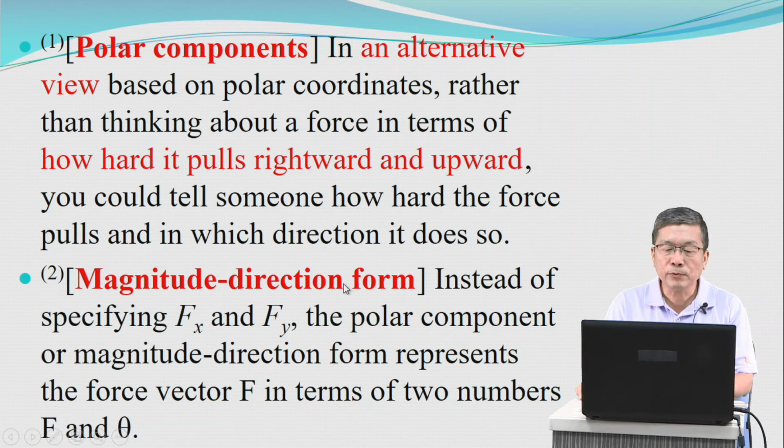Magnitude direction form. Instead of specifying Fx and Fy, the polar components or magnitude direction form represents the force vector F in terms of two numbers, F and theta.